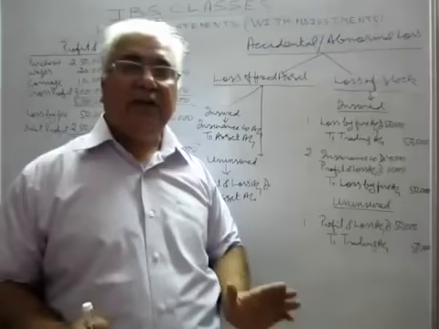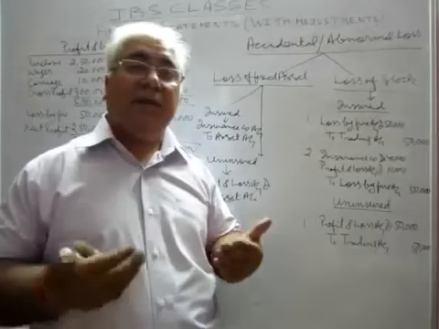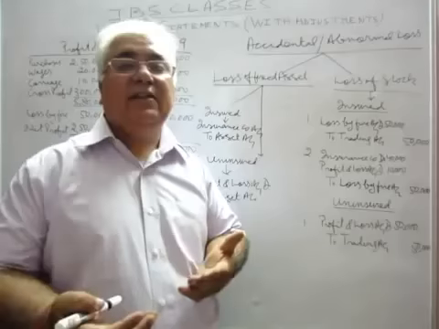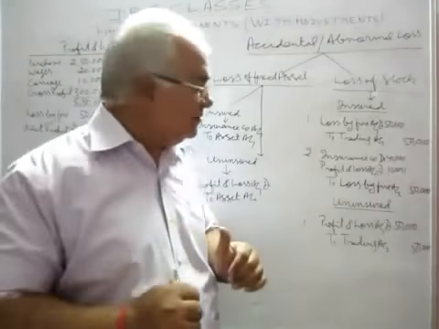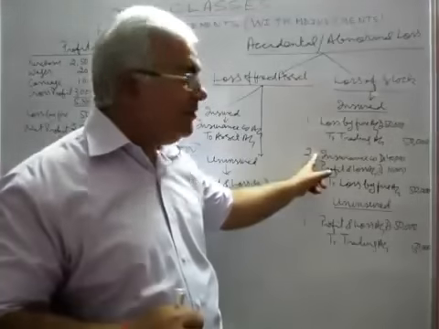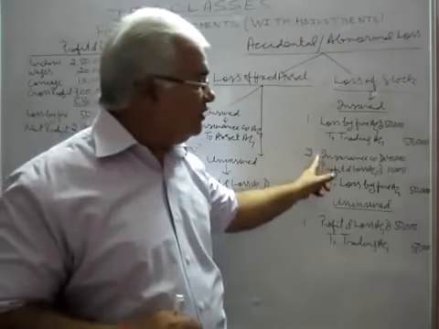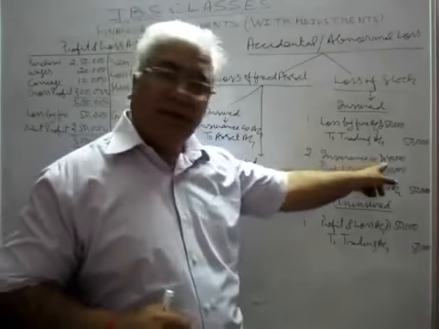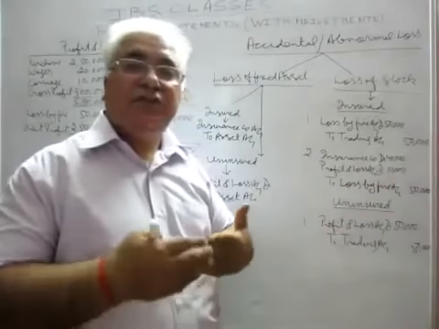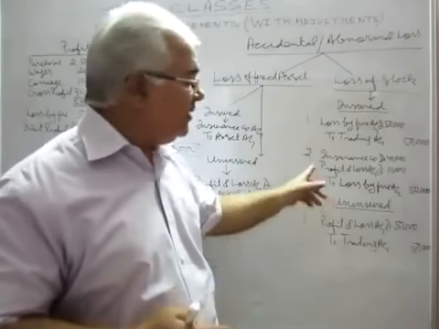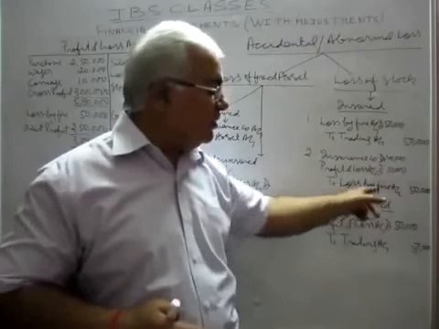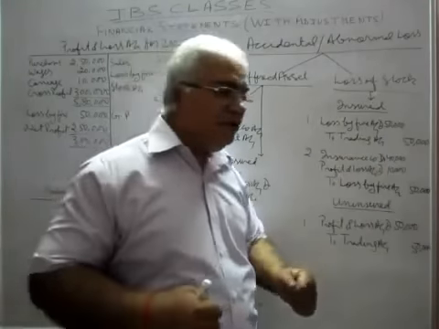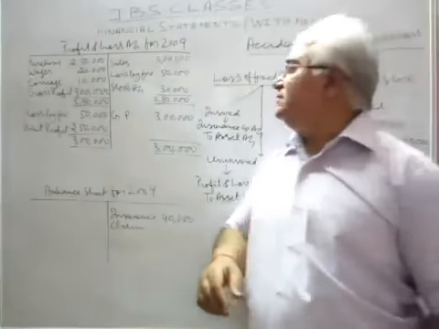Now this loss by fire, if it has been covered by insurance, and say in this case insurance company has accepted the claim of rupees 40,000, then insurance company will be made our debtor, and insurance company will be debited with 40,000, and the 10,000 loss which we have to bear will be debited to profit and loss account, 10,000 to loss by fire, and it will be shown in profit and loss account like this.